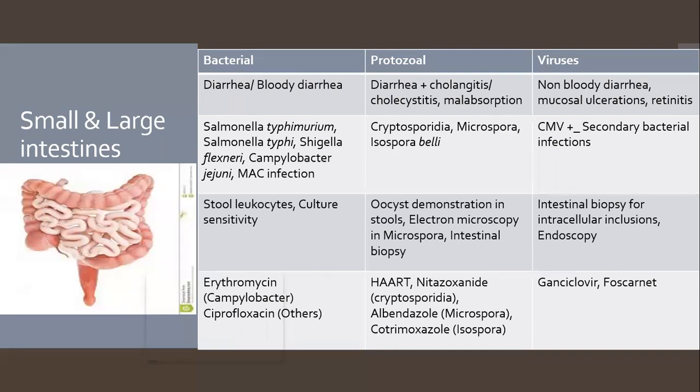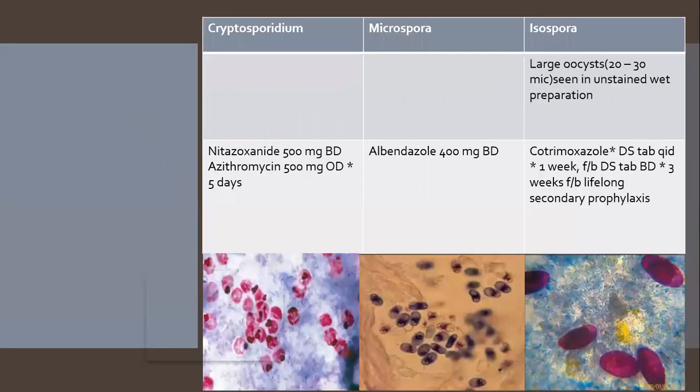Apart from ART, nitazoxanide, albendazole, cotrimoxazole. So based on the organism, it varies. For example, cotrimoxazole acts on isospora. Albendazole acts on microspora. Nitazoxanide is the treatment for cryptosporidia. Virus, it is CMV. I told you acyclovir group, ganciclovir. For resistant case of acyclovir, we give foscarnet. Remember another drug. So CMV, it is acyclovir, ganciclovir, and foscarnet.